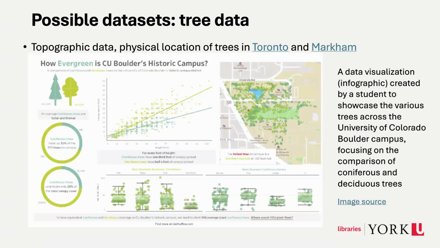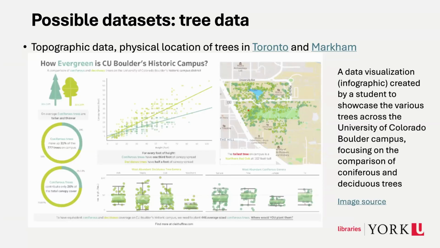This is a nice example of a winner, actually, from the University of Colorado Boulder's data visualization competition. And so they used the data set of their trees on their campus, but we could be using instead the data that comes out of the City of Toronto and the City of Markham to be exploring a little bit more about the facets of data about trees.